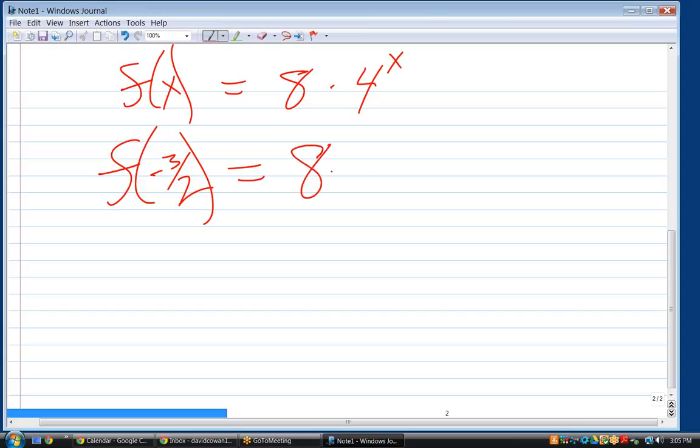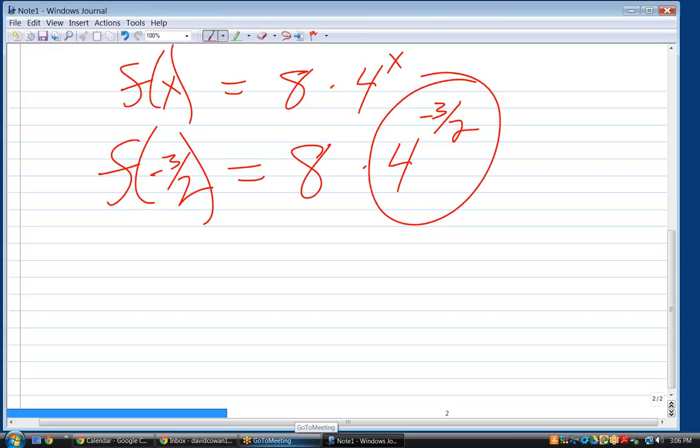Okay, so first of all, what does that mean? Well, first of all, let's convert the negative exponent to a positive exponent. What is 4 to the -3/2 equal to?